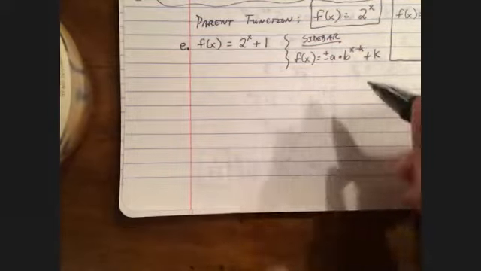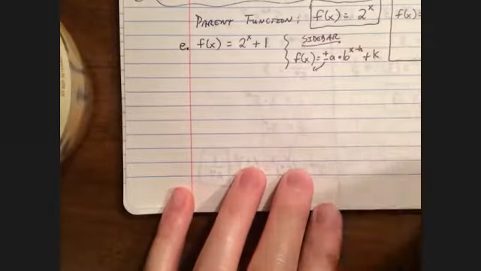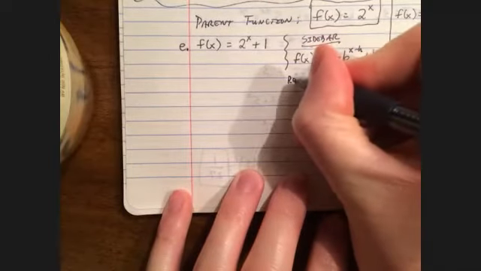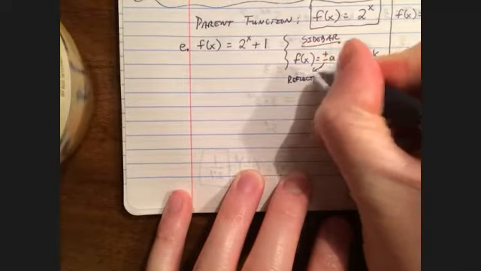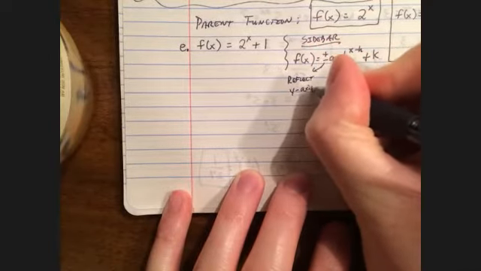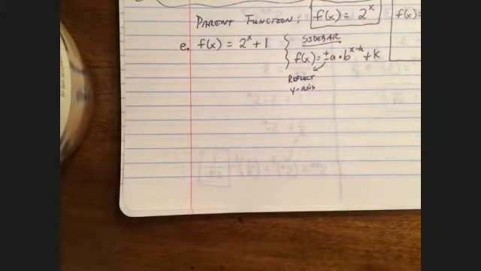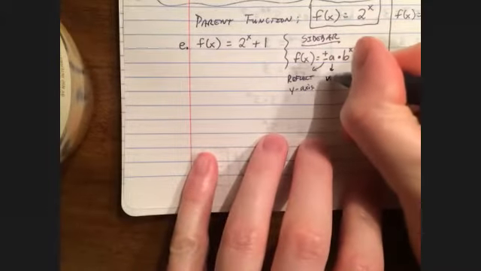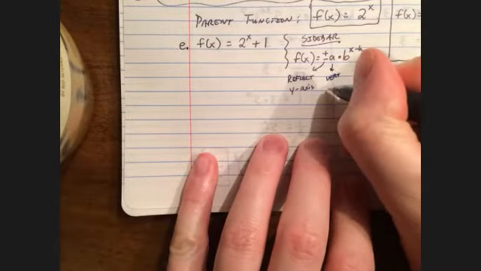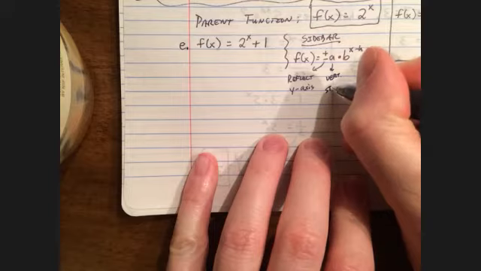If this was a negative right here in the front, this would cause a reflection across our y-axis. Positive, obviously, just stays put. A is going to be our vertical stretch slash shrink.